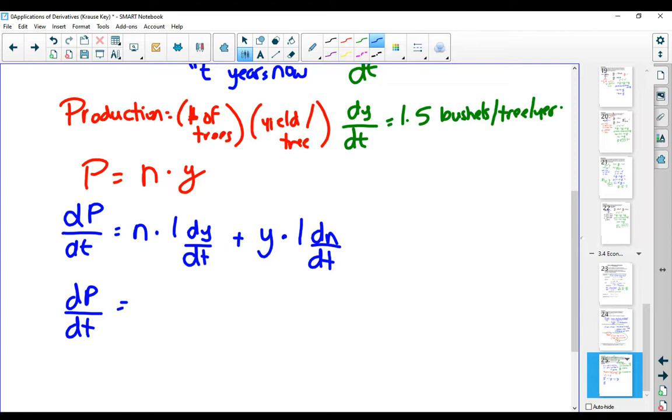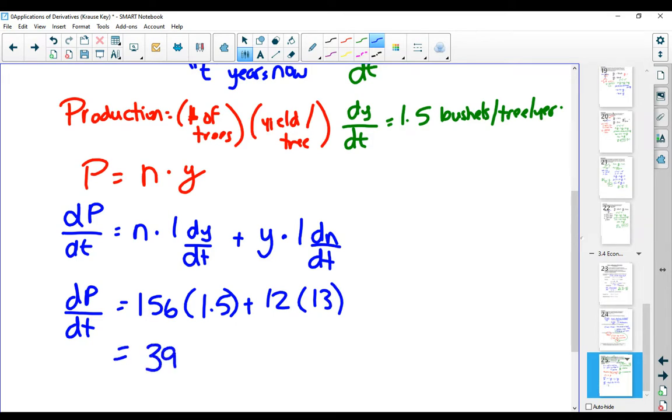Our n we know is 156, our dy dt is 1.5, our y is 12, and dn dt is 13. So we put all of that information into our calculator, and we get 390 bushels per year. So his production is increasing by 390 bushels per year.